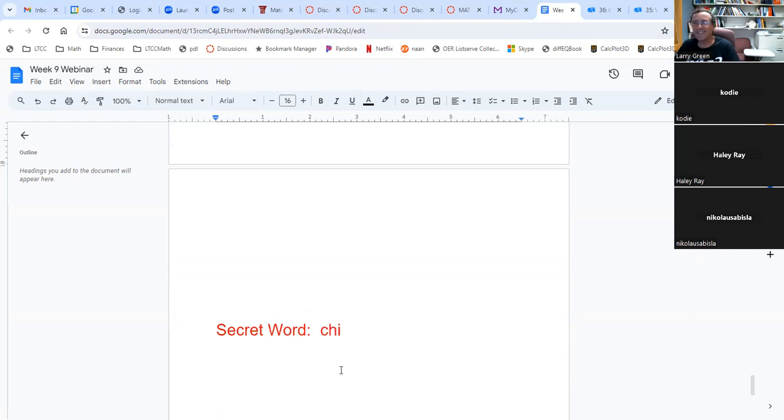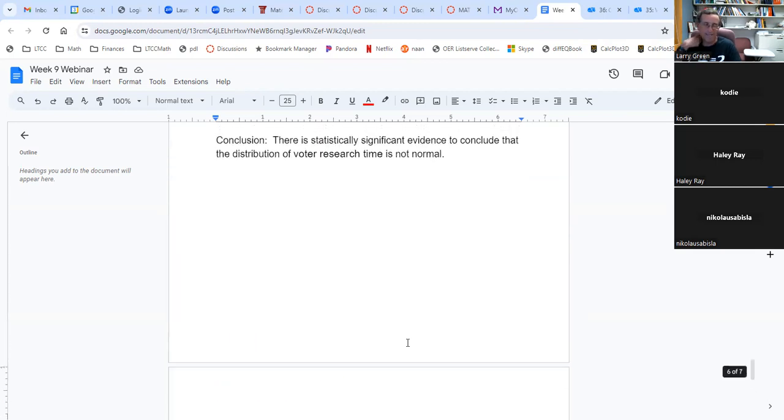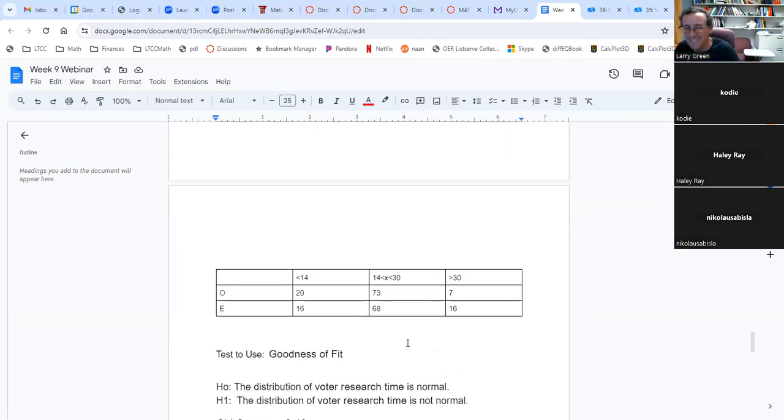The secret word is chi, C-H-I, by the way, because we're looking at the chi-squared distribution. So I decided that chi would be a good word for the secret word for this week. And that is the important secret word. So I'm going to hide it. Hopefully you wrote it down.